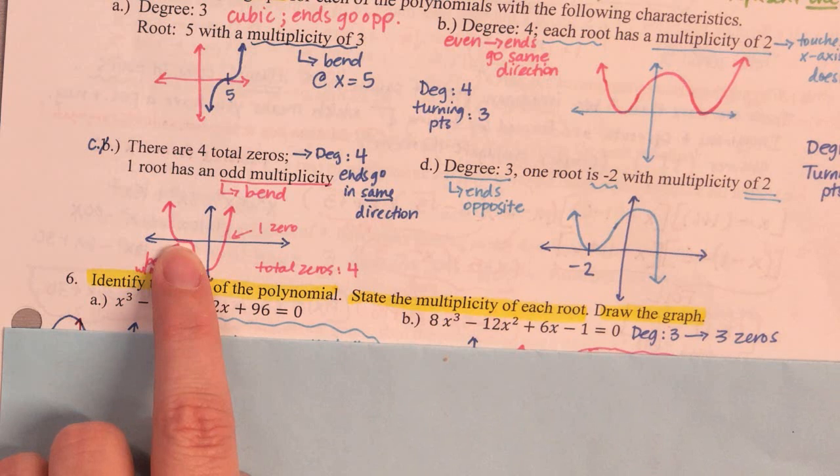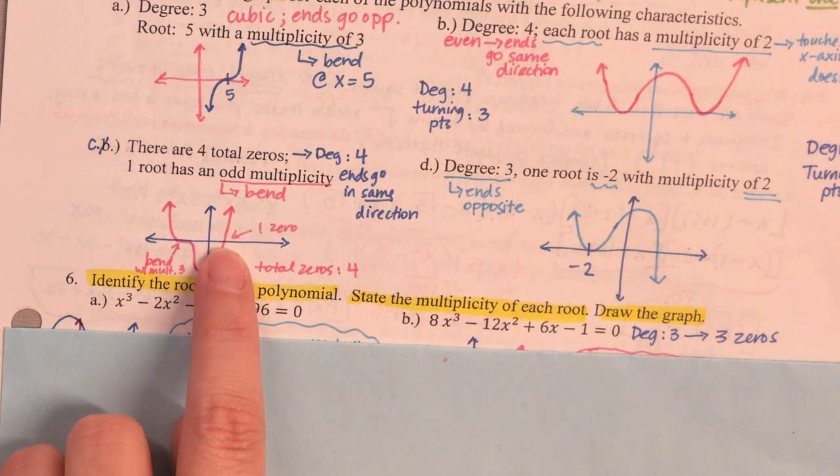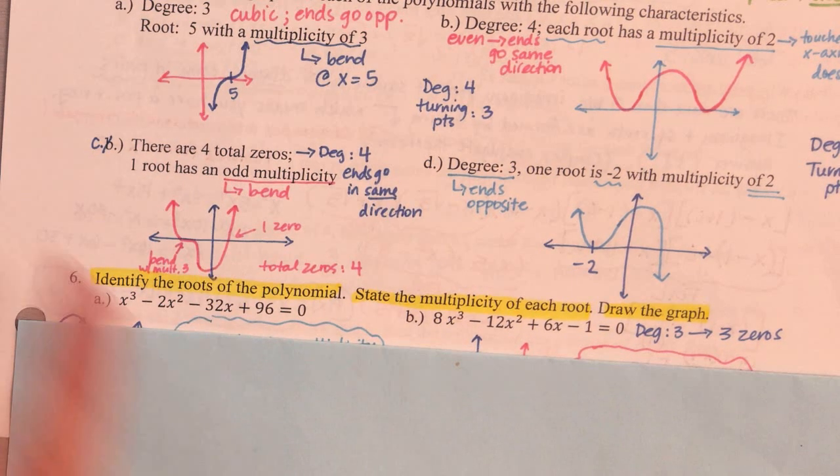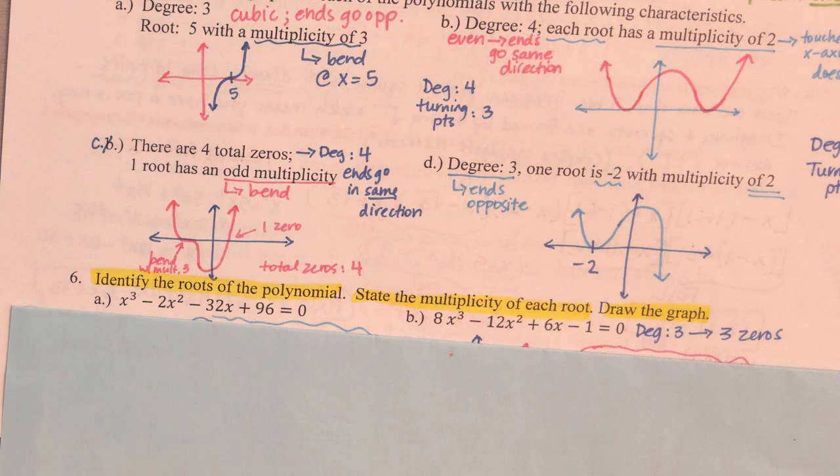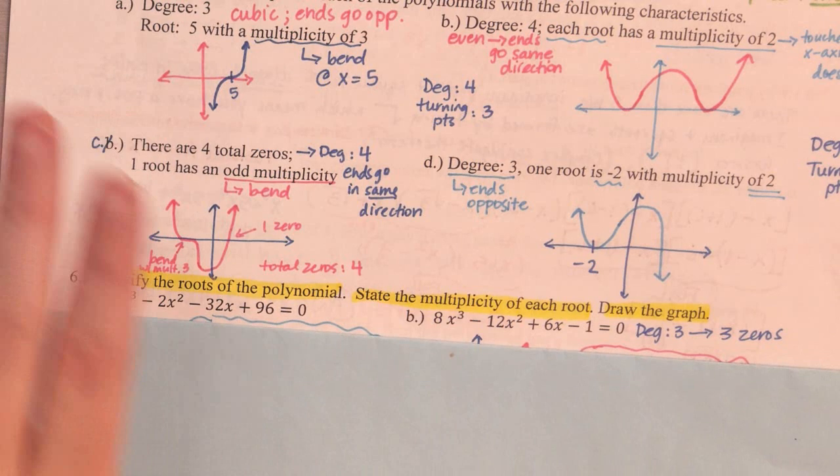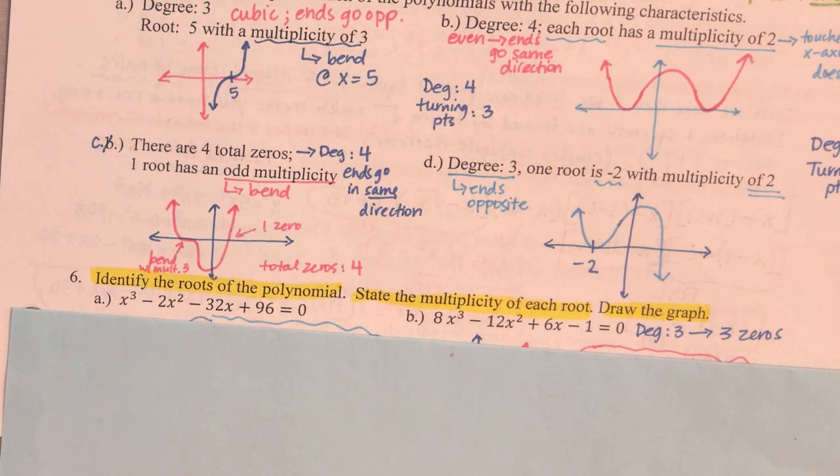So if this is 3 zeros, it can only cross one more time and count as 1 zero to be a total of 4. Okay, so the multiplicities have shown us if there are 4 total zeros, it doesn't have to cross 4 times, it just has to have a bend or a touchback. Yeah, that's fine. So this is just one example. You should just have a bend and then another that just goes straight through.